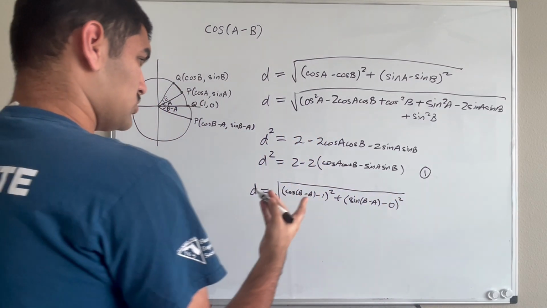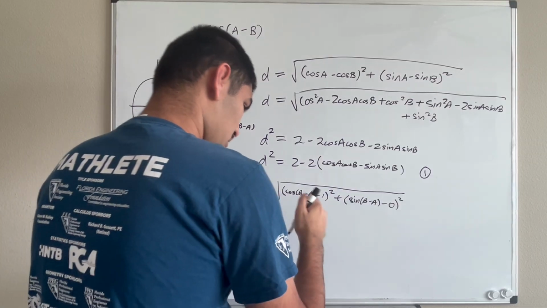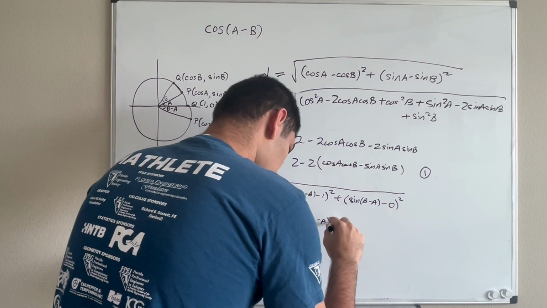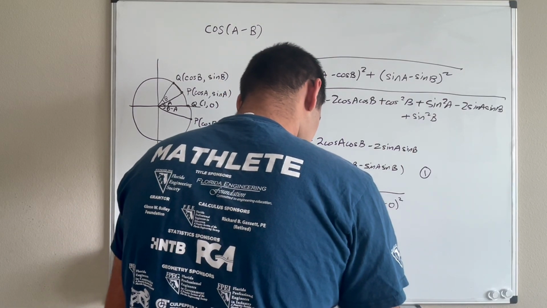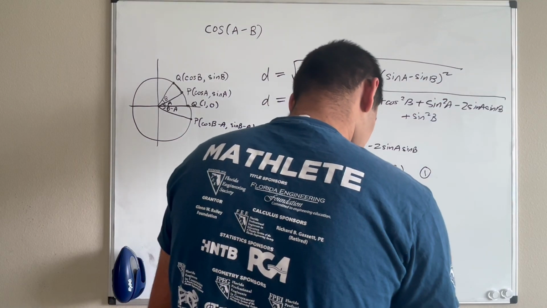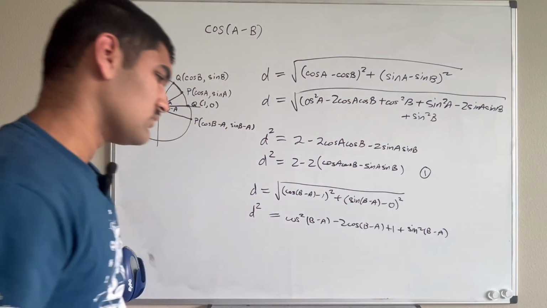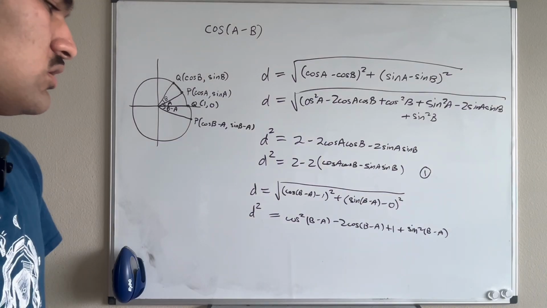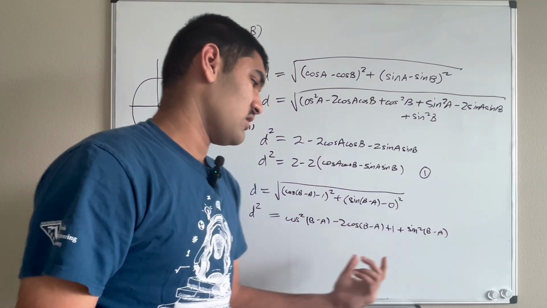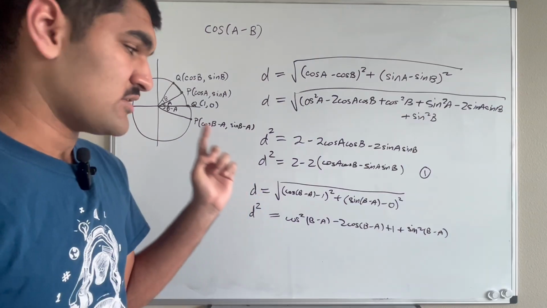I'll square both sides to get rid of the square root, and then we'll expand. We have cosine squared of B minus A, minus 2 cosine of B minus A, plus 1, and then plus sine squared of B minus A. Notice that we have cosine squared plus sine squared of the same angle, B minus A, so that's just equal to 1.